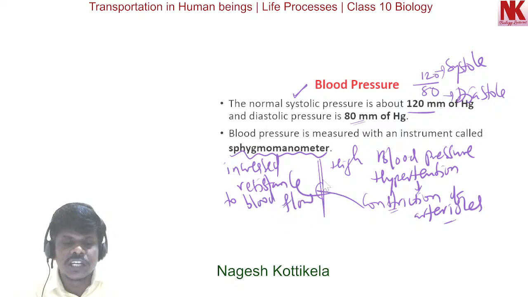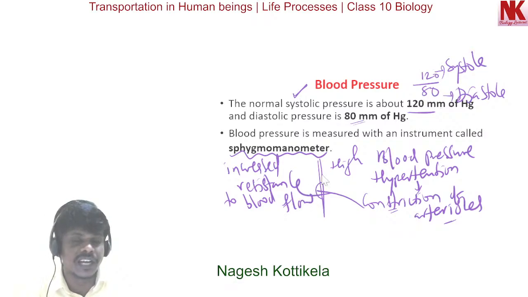It can lead to rupture of an artery and can cause internal bleeding. So these are the harmful consequences of hypertension. Because of the increased resistance to blood flow, high blood pressure is seen, and this could lead to internal bleeding.